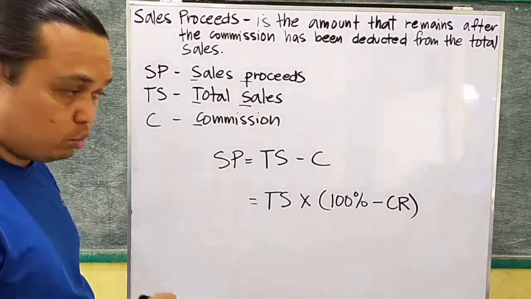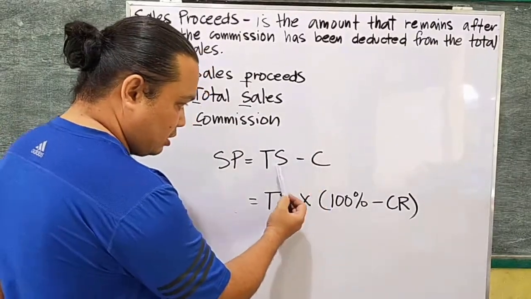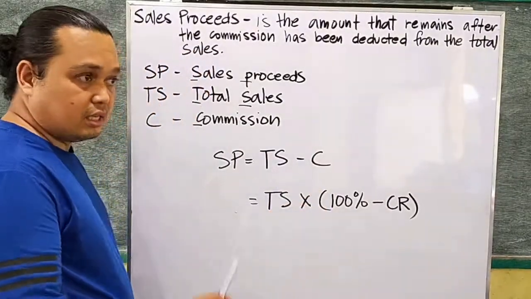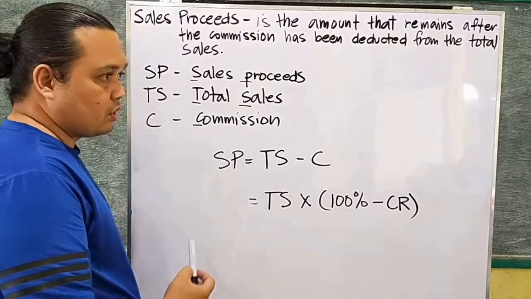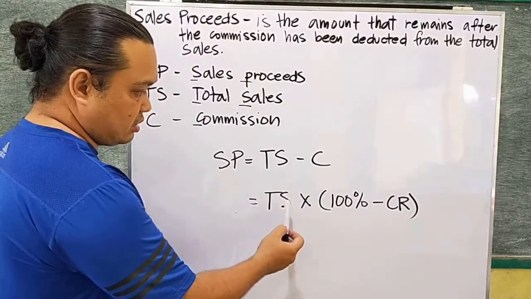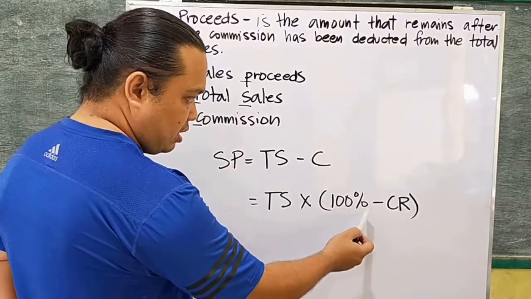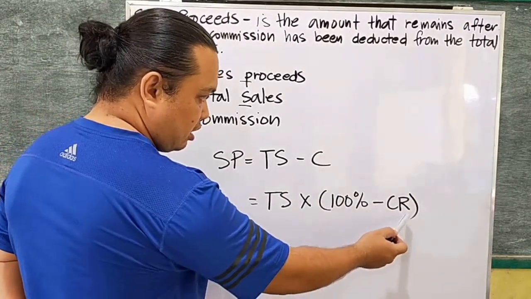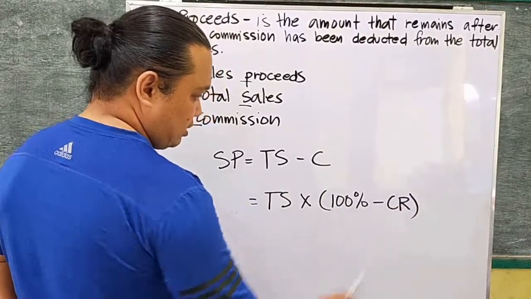So all we need to do is just subtract the commission from the total sales and we get the sales proceeds. Or total sales times open parenthesis 100% minus CR, where CR here is the commission rate, close parenthesis.